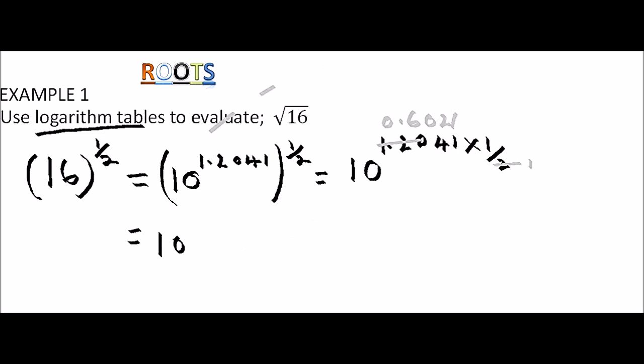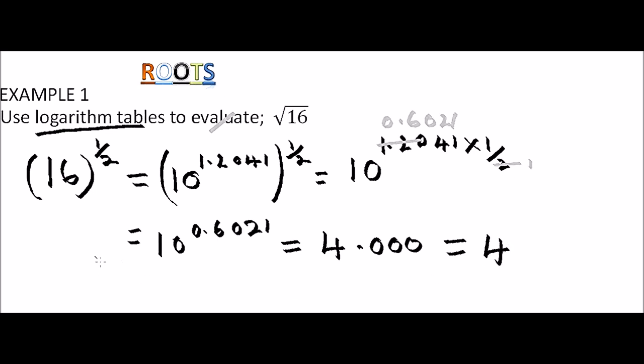So we get 10 to power 0.6021. Using the mathematical tables, we get the anti-logarithm of 0.6021. We get it is 4.000, which is the same as 4.